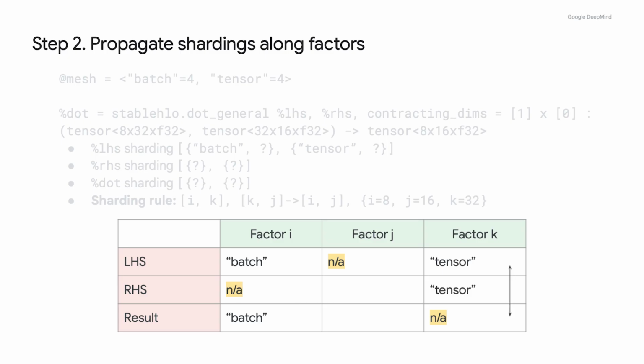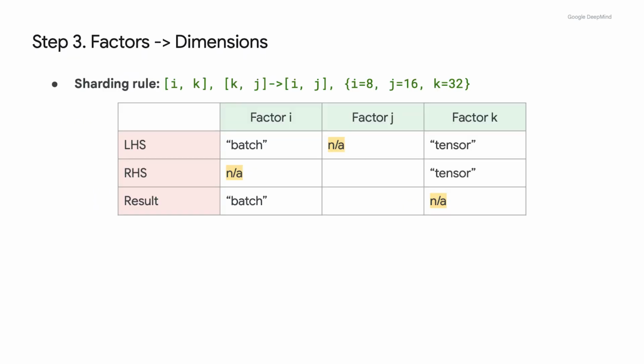The second step is to propagate shardings along the factors. In this table, we propagate shardings along each factor. For example, we propagate the batch axis along factor I, and we propagate the tensor axis along factor K. Finally, we project the factor shardings to the dimension shardings, connected by the sharding rules.